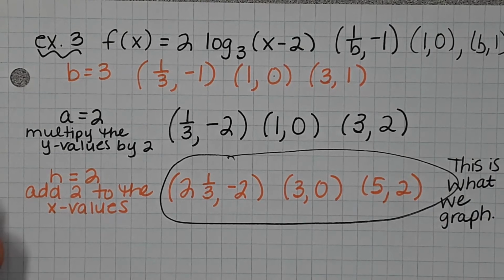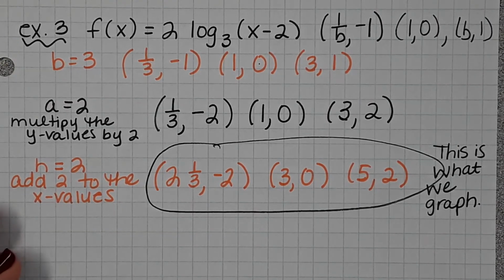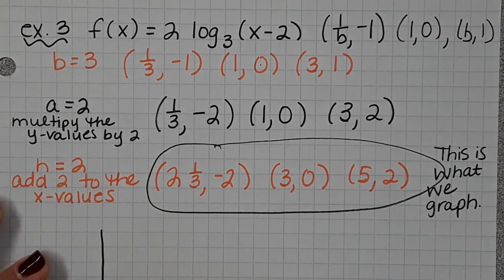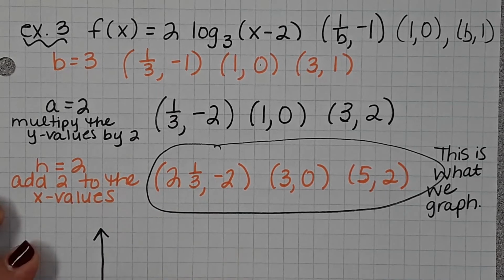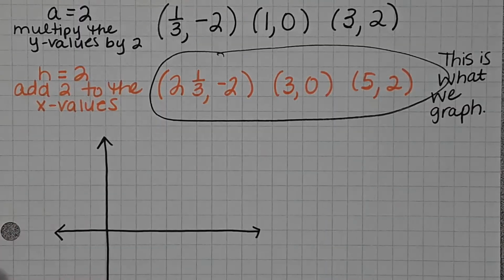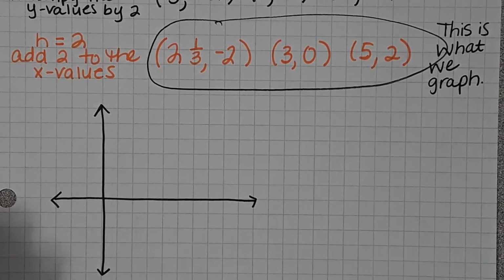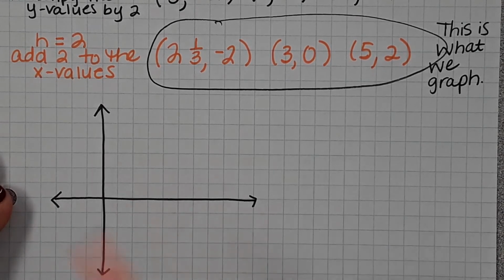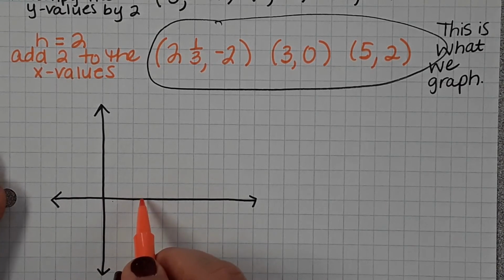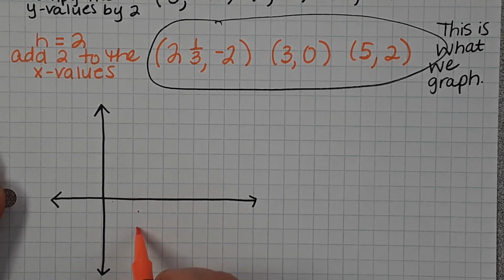Okay. So let's make a little graph. Okay. Here we go. 2 1/3. So you're going to go over to 2, 1, 2. Since 1/3 is less than 1/2, we're going to go right here, and we're going to go down to negative 2. 1, 2.